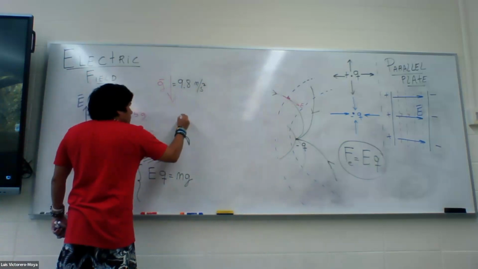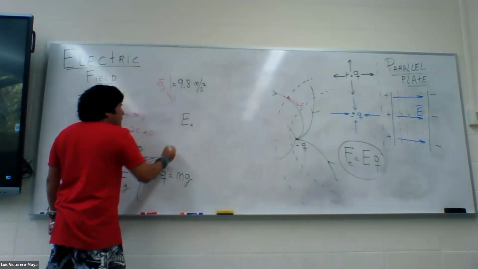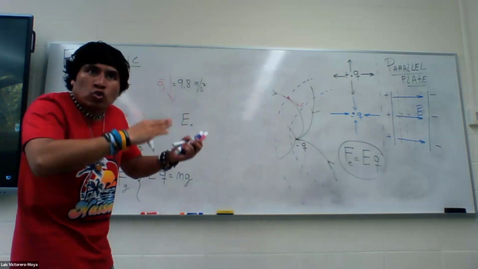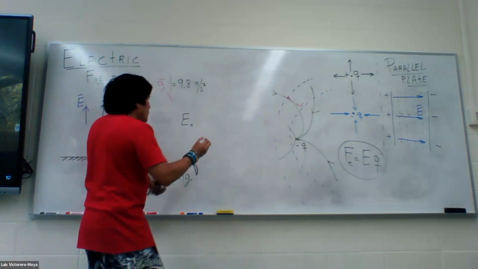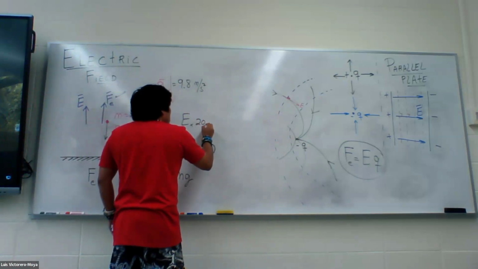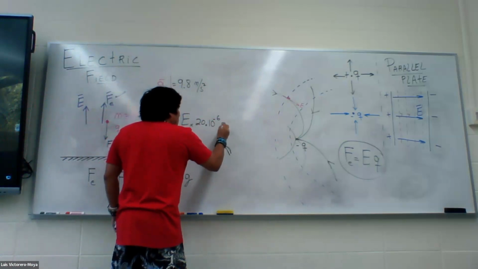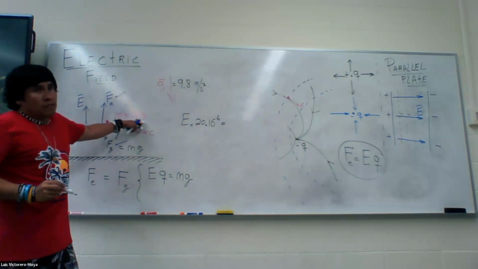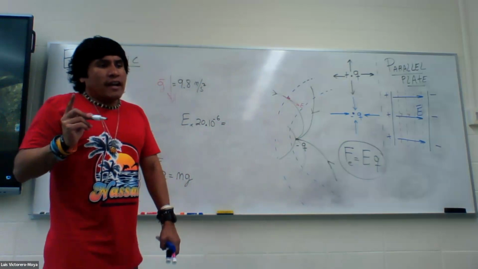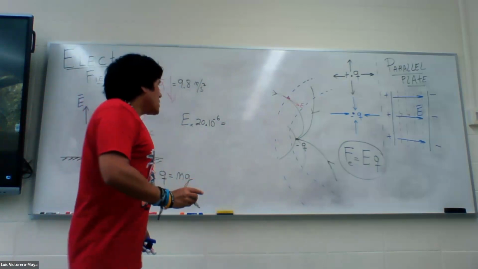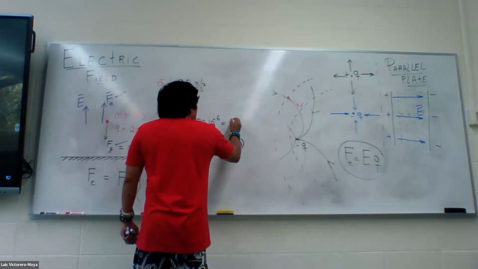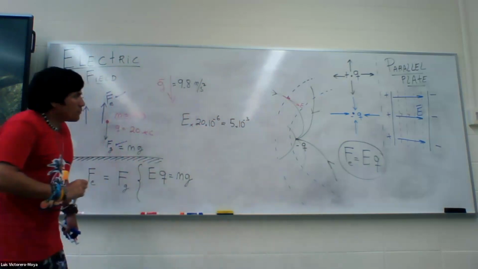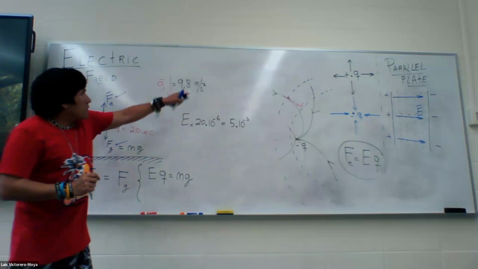E times Q, 20 microcoulombs is 20 times 10 to the negative 6, equals the mass, 5 grams. 1,000 grams is 1 kilogram, so 5 times 10 to the negative 3 kilograms, times g.